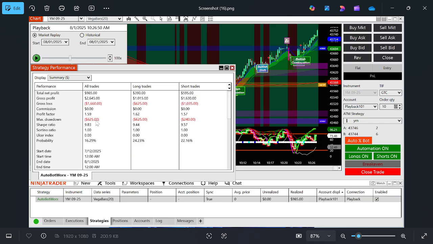Now, YM does move anywhere between 500 and 600 points a day, which is why I have such a large take profit zone, because when those trades do move those 100 point moves without pulling back, and they do happen, I want to be able to catch those.